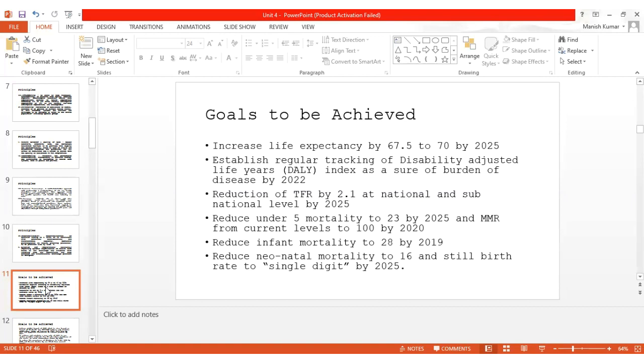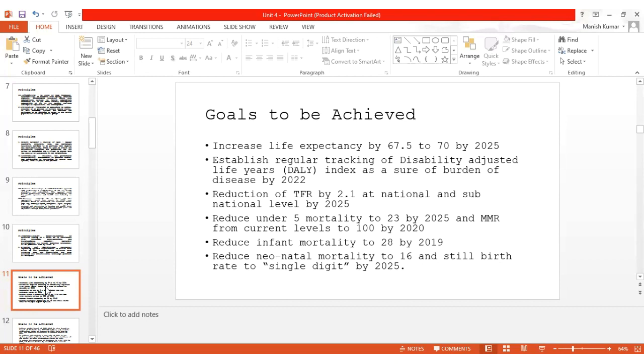Then, establish regular tracking of disability adjusted life years. We have already read about DALY and QALY in our earlier classes. So there should be regular tracking of the DALY index as a measure of burden of diseases. We have seen how, if a person is bedridden, then DALY is calculated. So this health policy talks about DALY as a tracking indicator for burden of diseases.